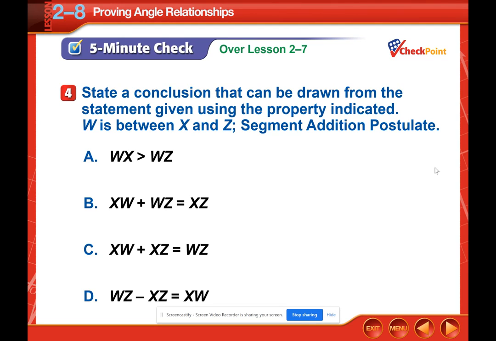This is similar to what we saw before when we had the segment addition postulate being the reason for the particular statement. We need to add two parts together to create the whole. That is B. W is in the middle. So I have two small segments, XW and WZ. When I put those together, they are equal to the larger segment XZ.